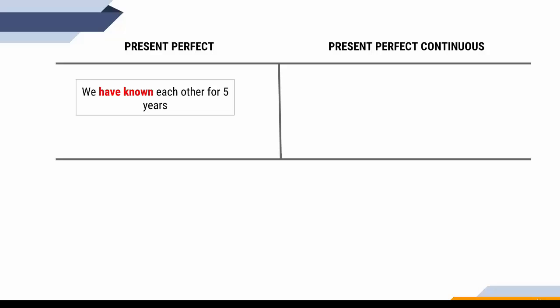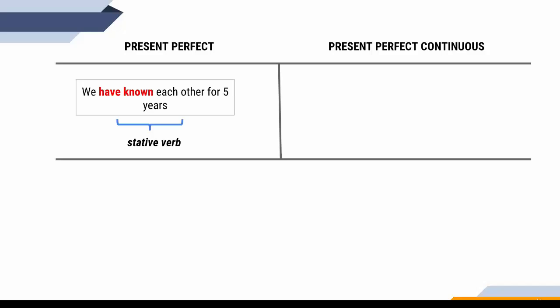Something else. We have known each other for 5 years. Well, this is what you need to be careful about. The stative verbs again. When it comes to an answer to the question how long, you need to be careful in the choice of your verb form, if the verb is stative or not.